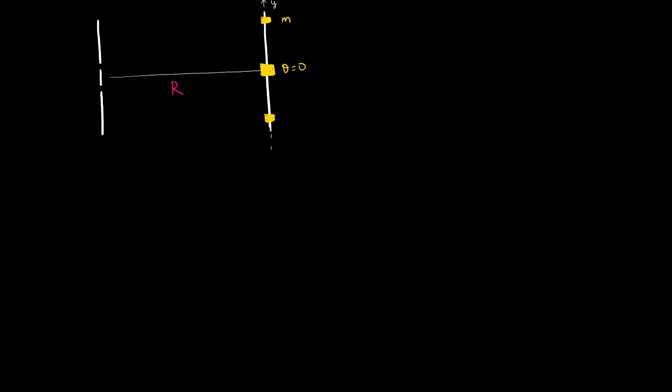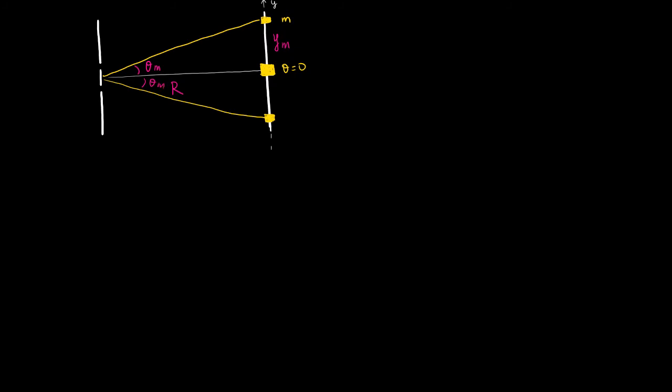Let's suppose that the distance from the central bright fringe to the mth bright fringe is, let's call it ym, and the corresponding angle, let's call it theta m. So this one should also be theta m.